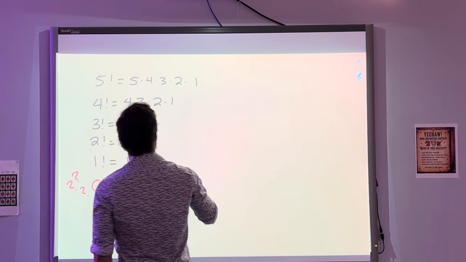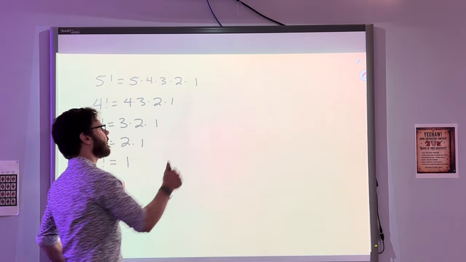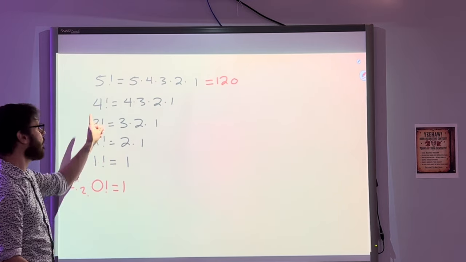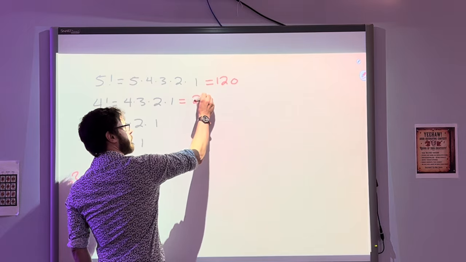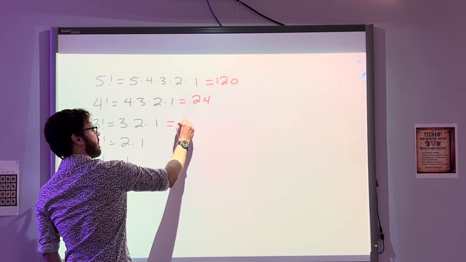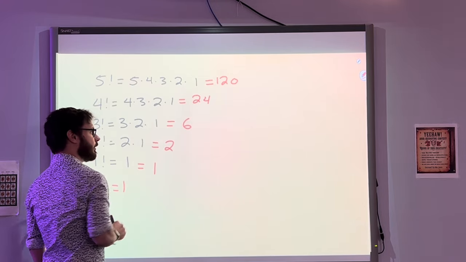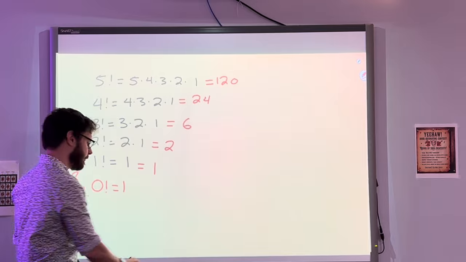So this 5 factorial, 5 times 4 times 3 times 2 times 1, that's 120. 4 factorial, 4 times 3 times 2, that's 24. This is 6, this is 2, this is 1, and then we already know that this is 1 down here, but why?